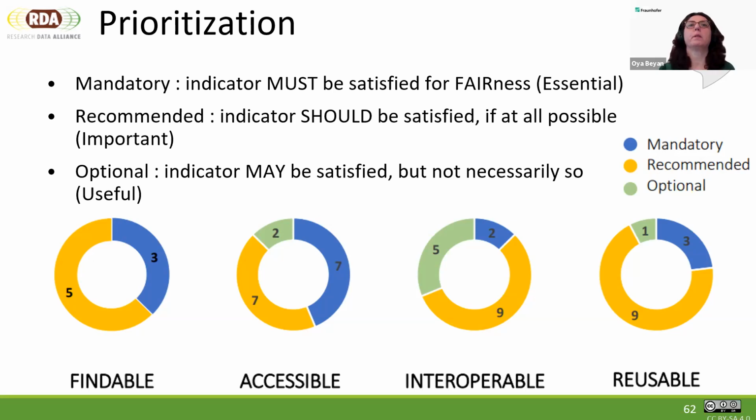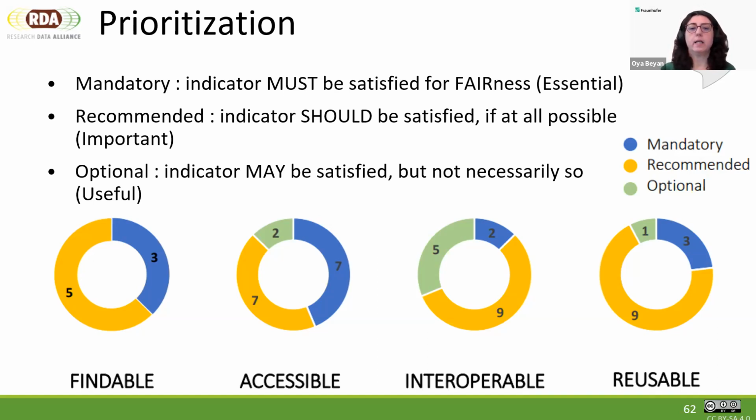Okay, most of the people think all of them are important, but if you look at the individual ones, interoperability is more prominent compared to the other principles. If you look at RDA prioritization, you will see the other way around.